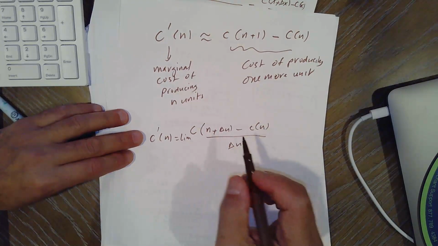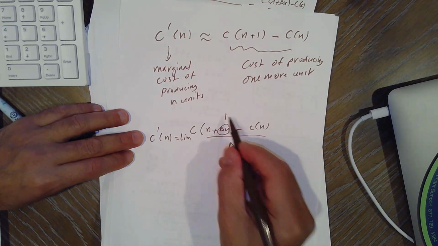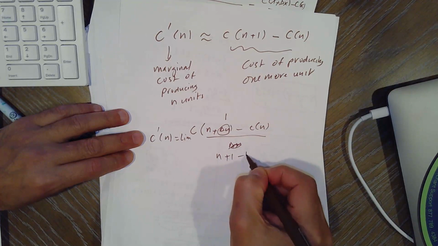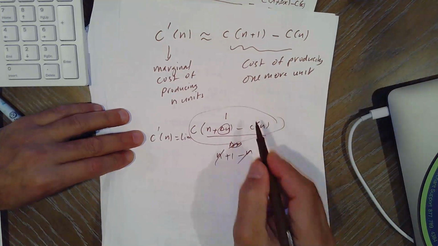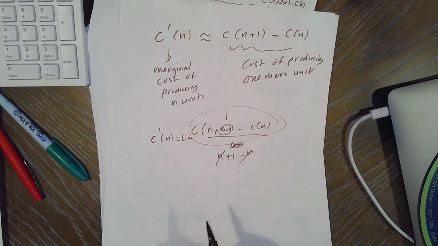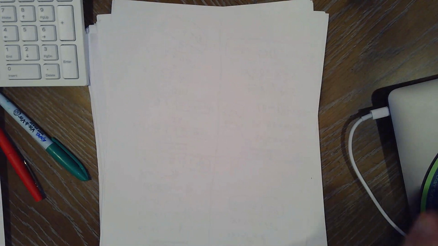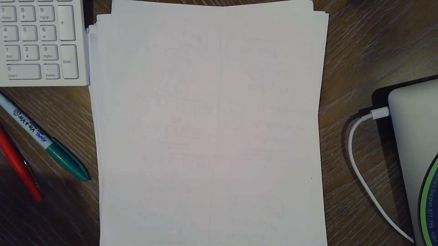So basically if delta n is 1, it's C of n plus 1 minus C of n over n plus 1 minus n, which is roughly C of n plus 1 minus C of n, without the limit, just so you can reason that. So when they say find an estimate for the marginal cost, you find the difference between C of n plus 1 and C of n, which is the cost of producing one additional unit.